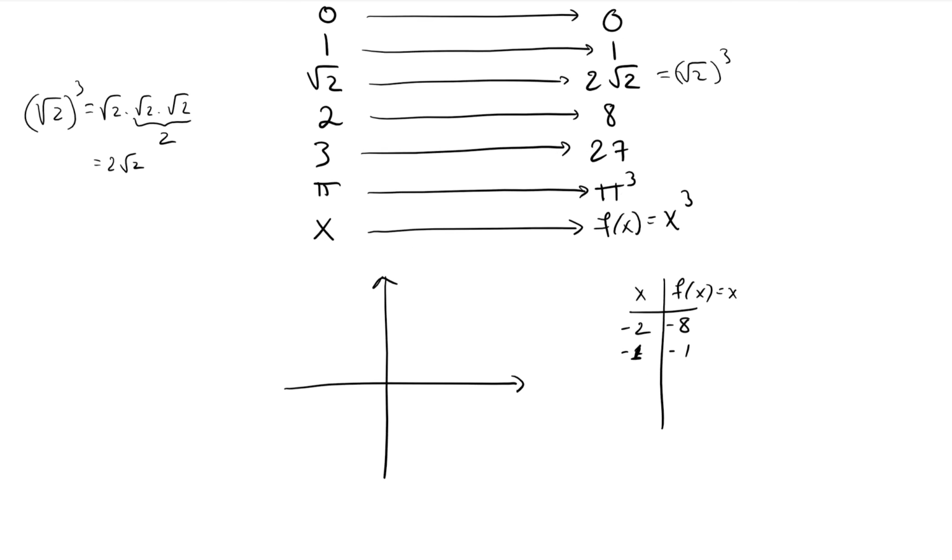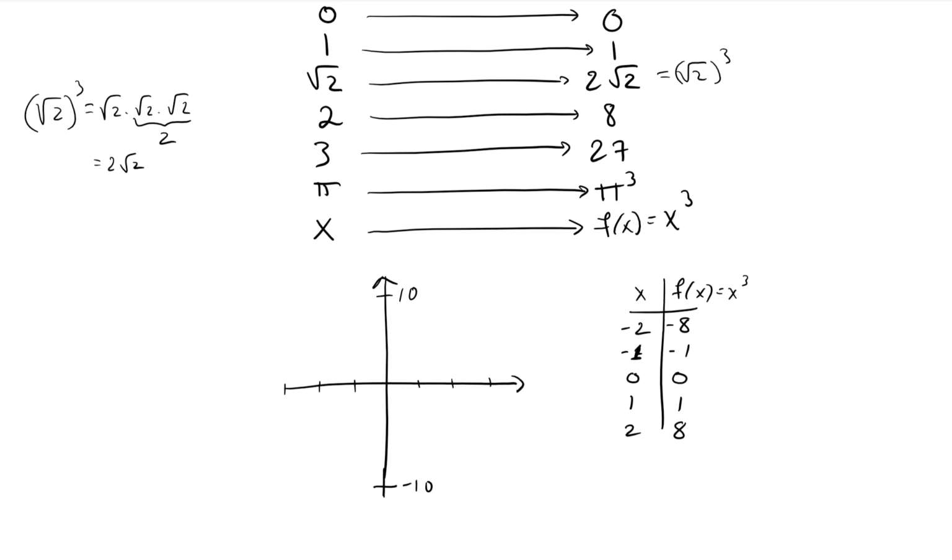So you cube everything. 0, you cube it, you get 0. 1, you cube it, you get 1. 2, you cube it, you get 8. So let's say 1, 2, 3, minus 1, minus 2, minus 3. And here I need maybe 10 there, minus 10 actually.